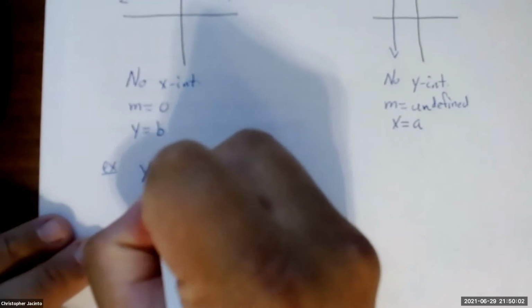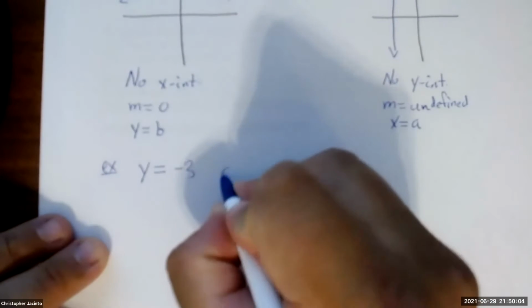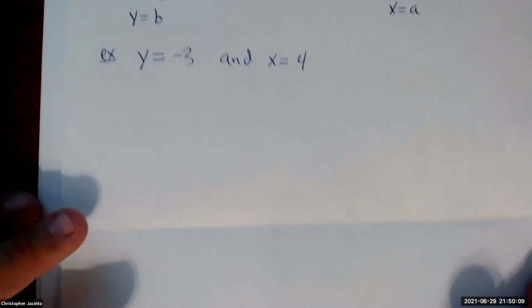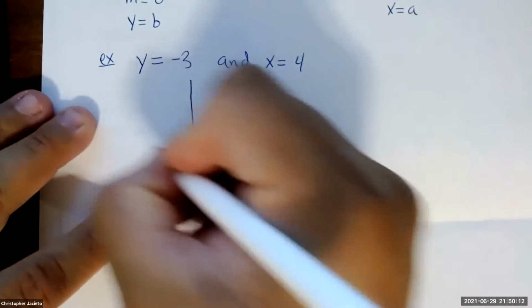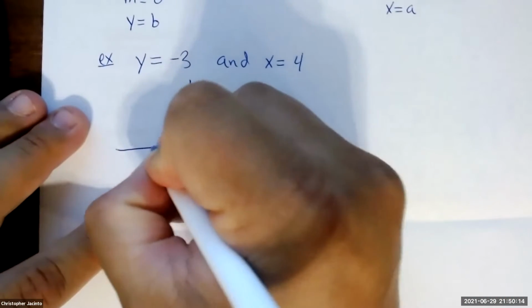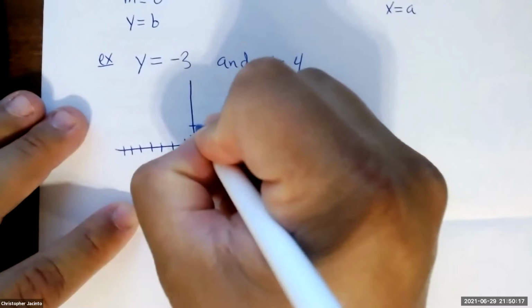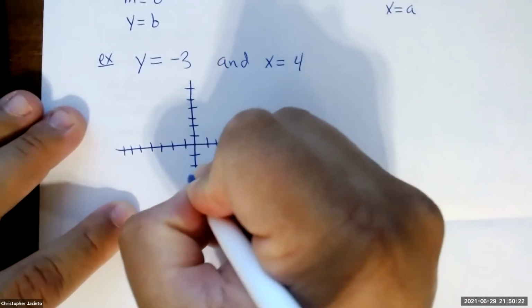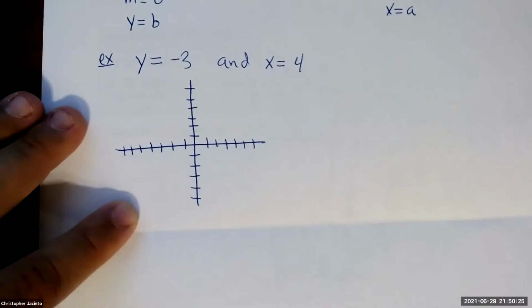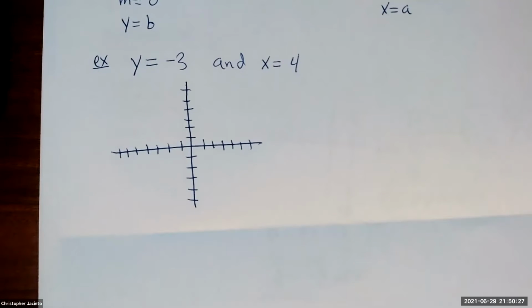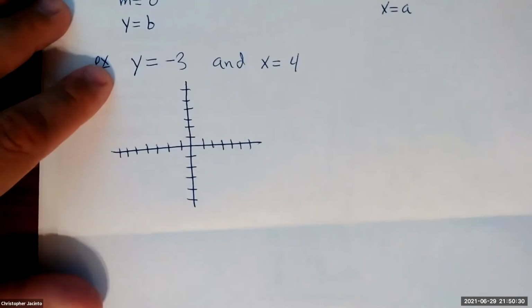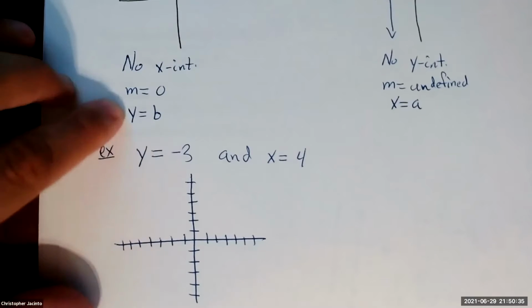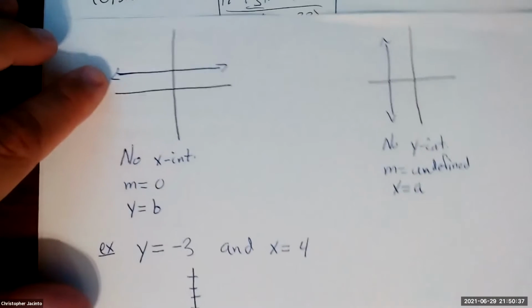So a quick little example if you guys want to know. Let's suppose we want to graph these two. Since the first one says y equals negative 3, we know it's going to be a horizontal line.